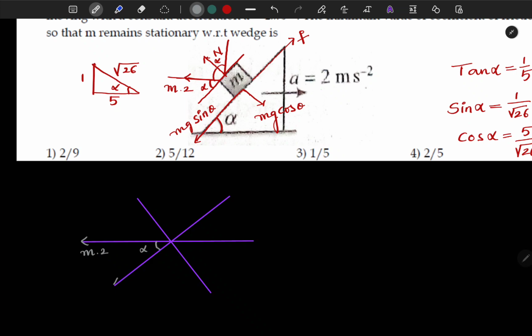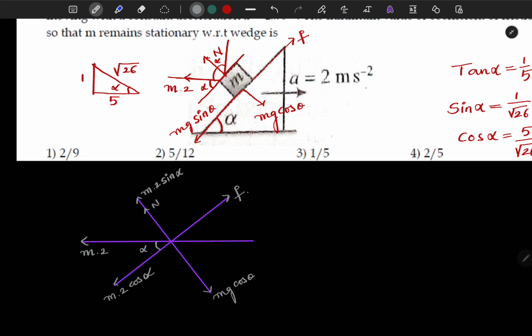So this would become m into 2 cos alpha, and this would become m into 2 sin alpha. M a naught is the pseudo force. And this is the normal reaction, and this is mg cos theta, and this is friction F.